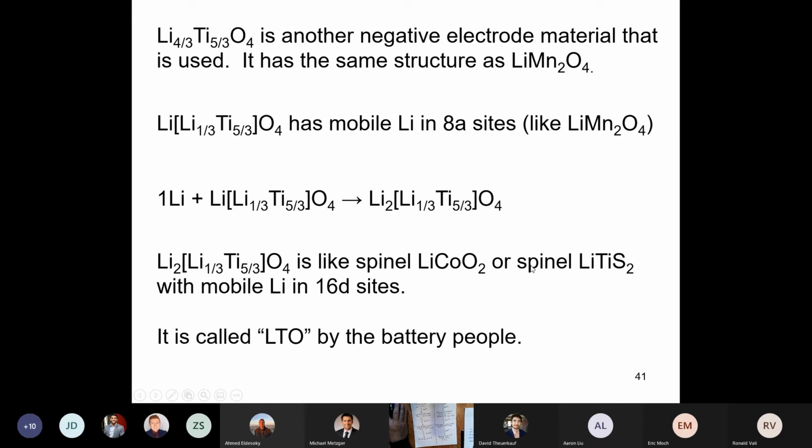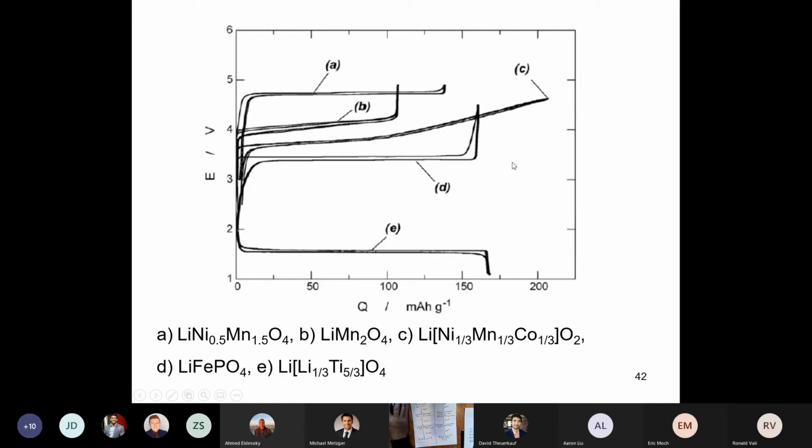Okay, so we haven't learned yet about spinel lithium TiS2, but you can make lithium TiS2 in a spinel structure, it turns out. And I'll talk about that in a few more lectures. And it has mobile lithium, and this thing's called LTO by the battery people. So this is a figure from one of Tom Ozuku's really nice papers.